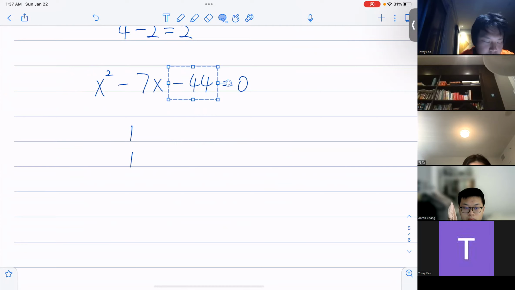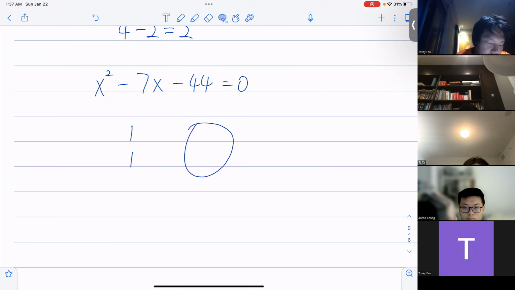So you can try some different numbers. For negative 44, you can try negative 11 and 4, or negative 22 and 2, and whatever. But recall that once you determine these two numbers and you cross multiply and add, you should get the middle number, negative 7. This tells you that one doesn't work, because when you do this, it is negative 43.